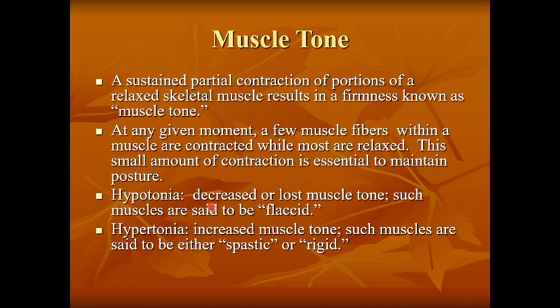What is hypotonia? Decreased or lost muscle tone; such muscles are said to be flaccid. And hypertonia is increased muscle tone; such muscles are said to be either spastic or rigid. So, these are the terminologies which are used for muscle tone: hypotonia and hypertonia.